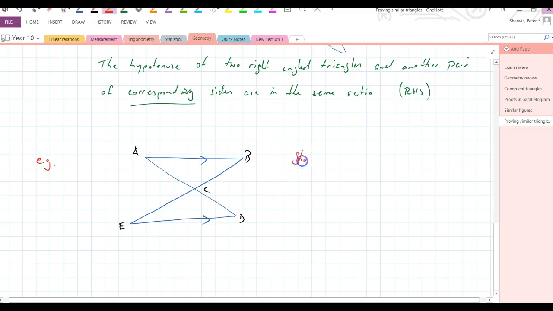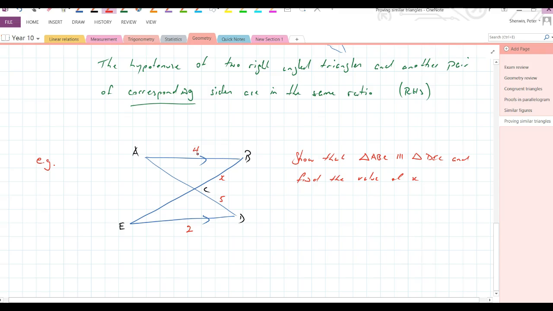So the example here is to show that triangle ABC is similar to triangle DEC, and find the value of X. So I'm going to give you X here and 5 here, and I'm going to give you 2 here and 4 here.